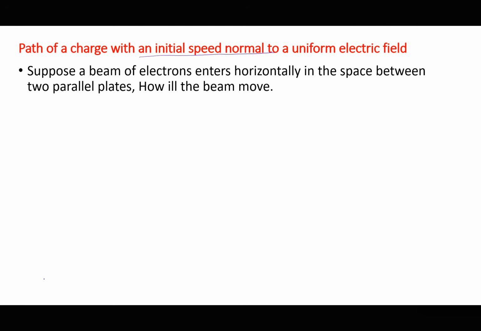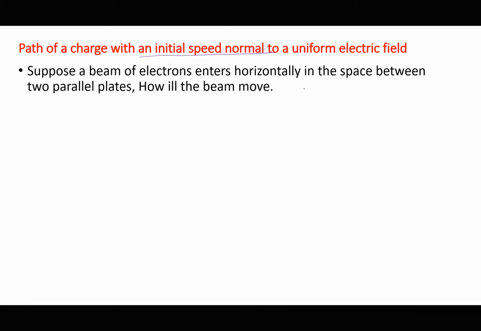Let us look at the path of a charge with an initial speed perpendicular to a uniform electric field. So suppose a beam of electrons enters horizontally in the space between two parallel plates. The question is, how will the beam move?